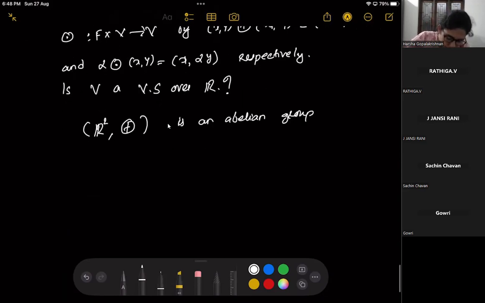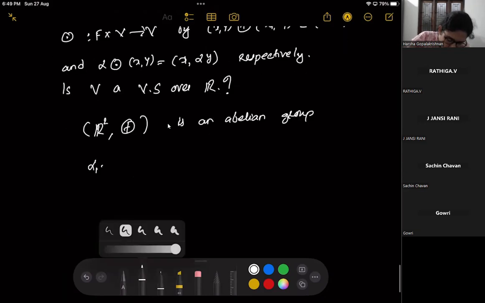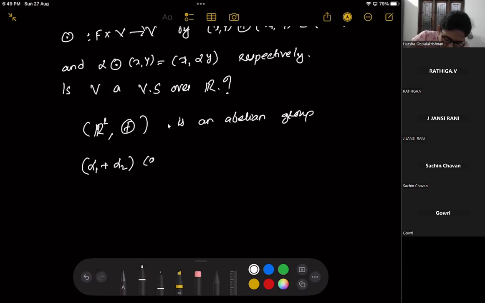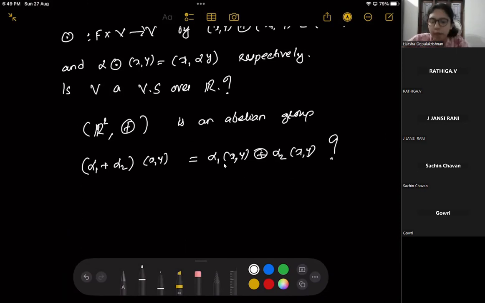Let me write (alpha 1 plus alpha 2) of (x, y) equal to alpha 1 (x, y) plus alpha 2 (x, y). It should be satisfied, right? Is this condition satisfied or not? This is a question mark.